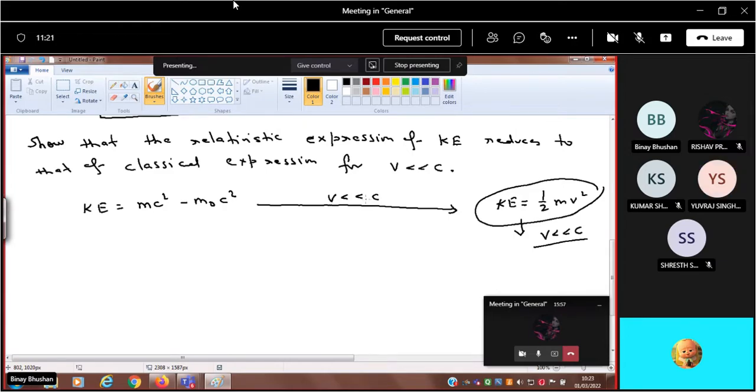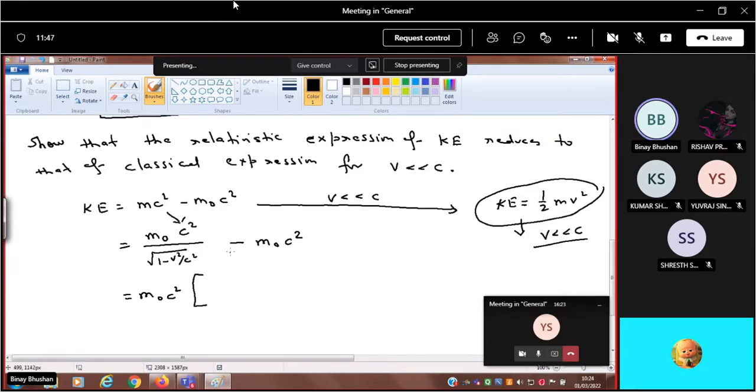Yes, sir. So how to get it? Very easy. Put the value of this moving mass in terms of rest mass. So this is equal to 1 minus v square by c square, and c square is already here, right? This is c square minus m naught c square. So one can write this expression as m naught c square, right?